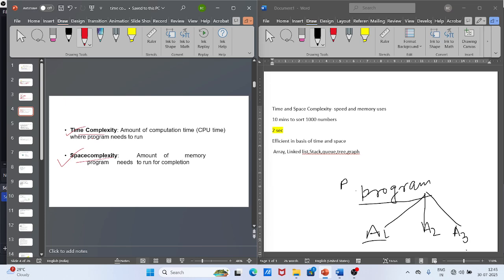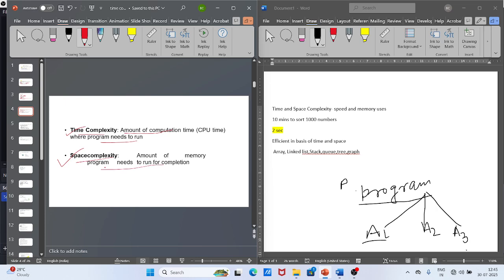We measure this by counting basic operations, not seconds, because time on a real clock can vary depending on the machine. And space complexity is the amount of memory or storage a program needs to complete its tasks.